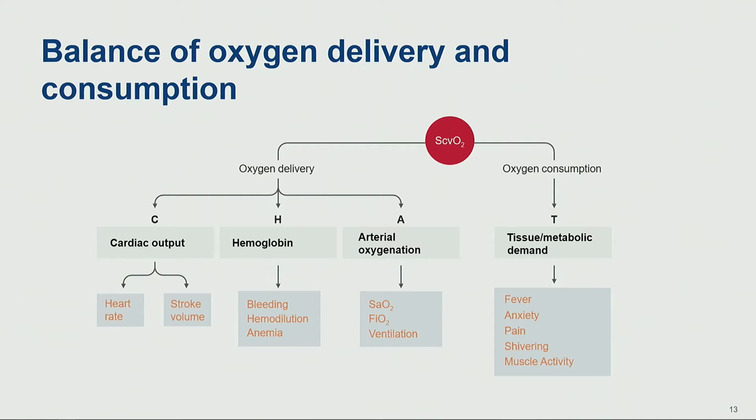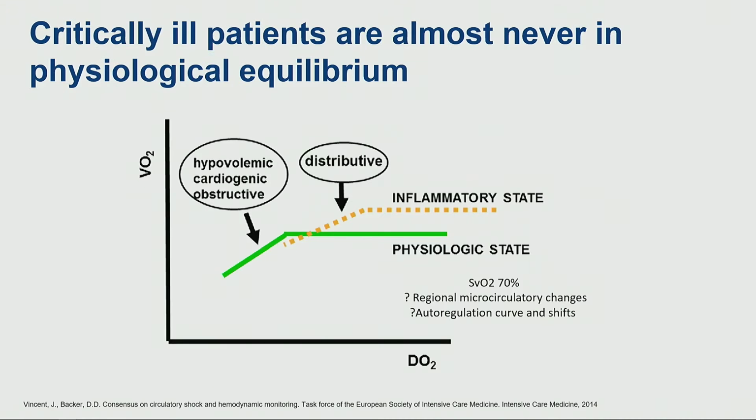All of our critically ill patients are uniquely different, but what we are trying to do every day in the intensive care unit is to maintain this oxygen consumption-delivery balance. And by doing that, we're trying to preserve organ system function.